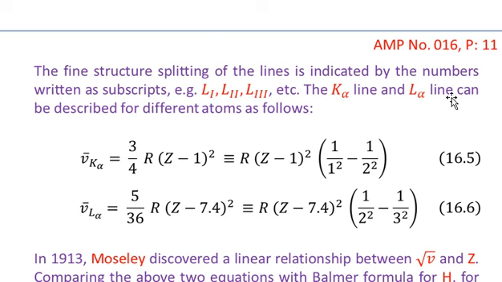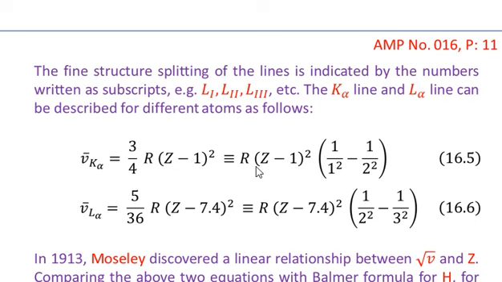The K alpha line and the L alpha line can be described for different atoms as follows. For different atoms means different values of Z. The wave number nu bar for K alpha lines for different atoms is equal to 3 over 4 times R, the Rydberg constant, times the square of (Z minus 1).